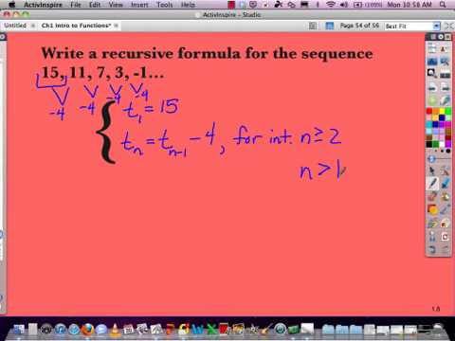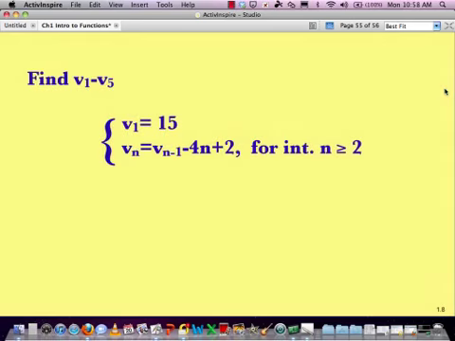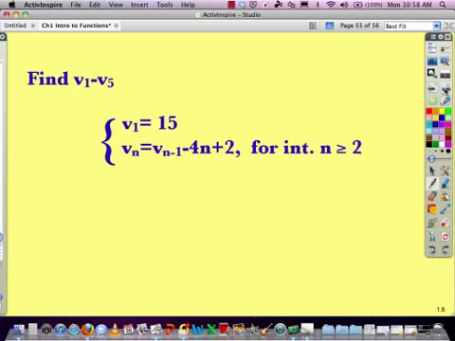So given the sequence, you can write the formula. Given the formula, you should be able to write the sequence. So let's try one of those. Here is the formula. There is no sequence, so you have to find it. And specifically, look at the question that's asked. Find v sub 1 minus v sub 5.